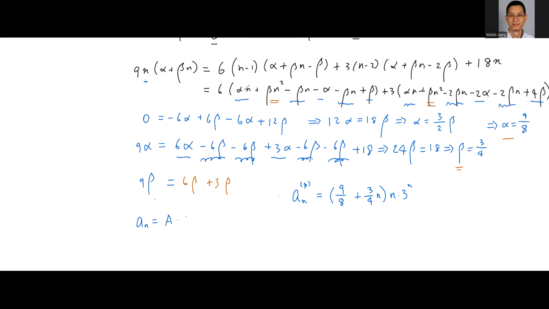Remember the homogeneous one, you have r squared minus 2r minus 3, which equals r plus 1 times r minus 3. Plus b times 3 to the n. Okay, this is the homogeneous part. And then I have a non-homogeneous part.